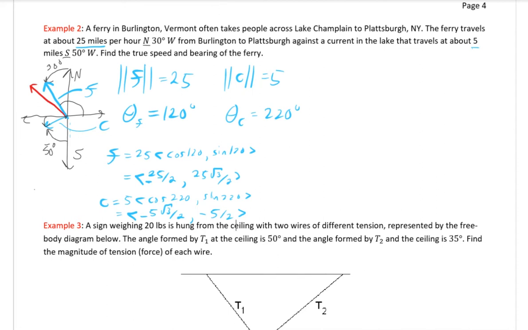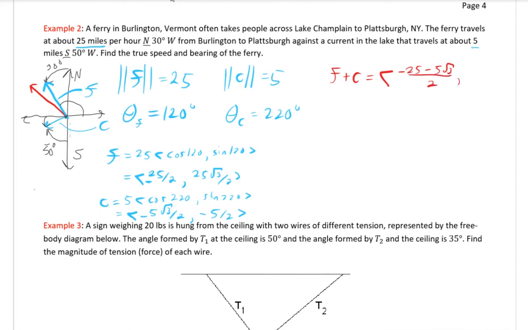With all that in mind, we now should be able to find f plus c, the addition of these two vectors. So f plus c should equal negative 25 over 2 minus 5 root 3 over 2. So I'll say negative 25 minus 5 root 3 all over 2.